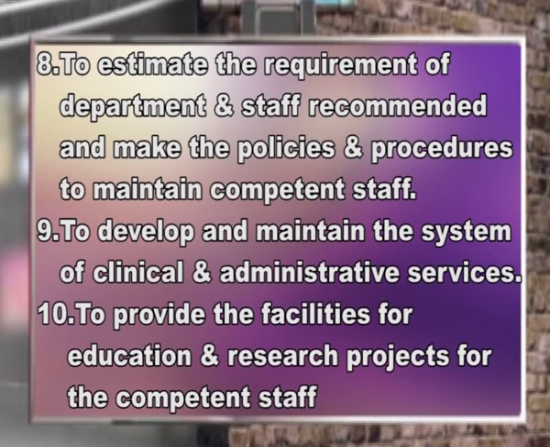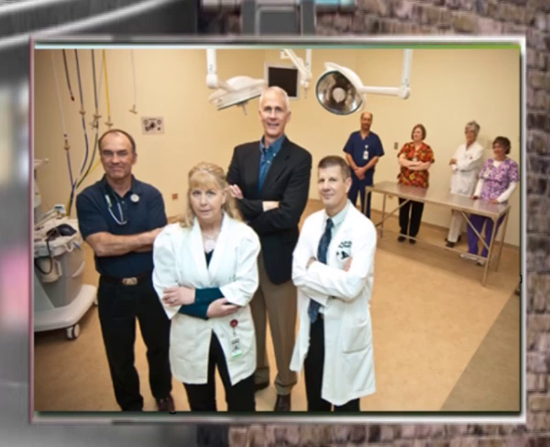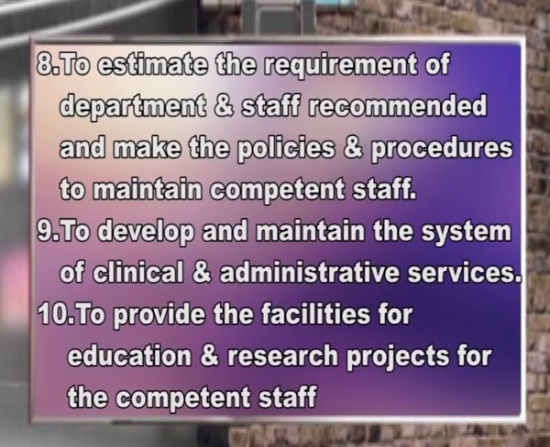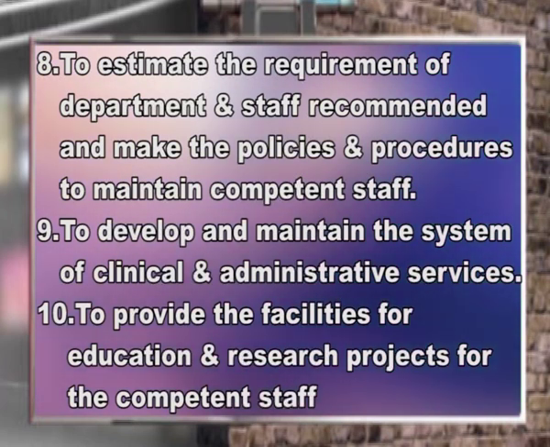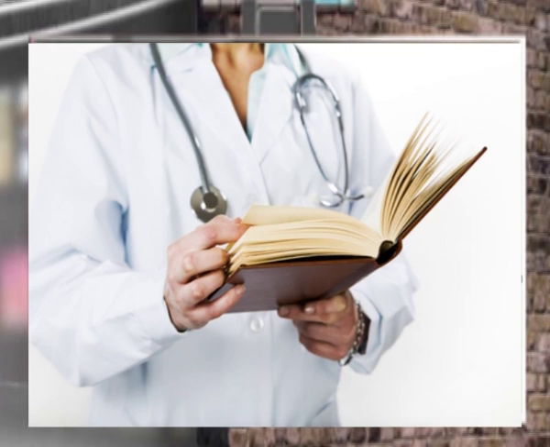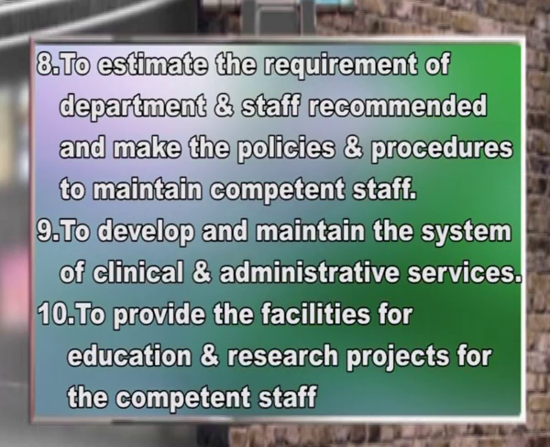To estimate the requirement of departments and staff recommended and make the policies and procedures to maintain competent staff. Number 9. To develop and maintain the system of clinical and administrative services. Number 10. To provide the facilities for education and research projects for the competent staff.